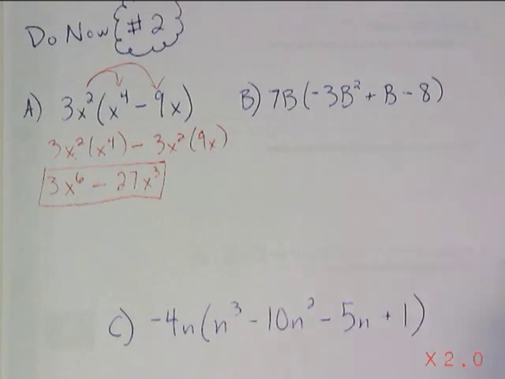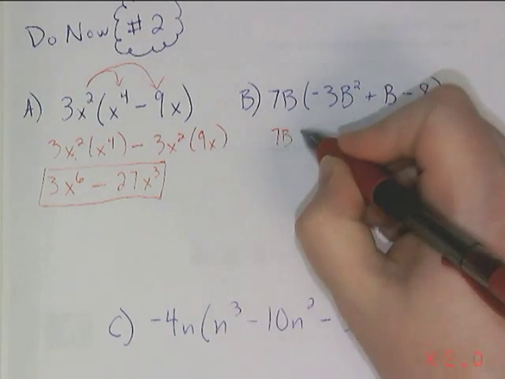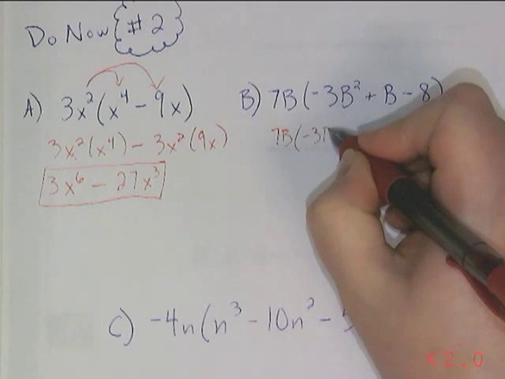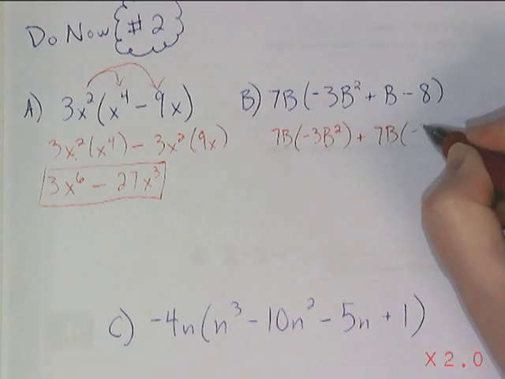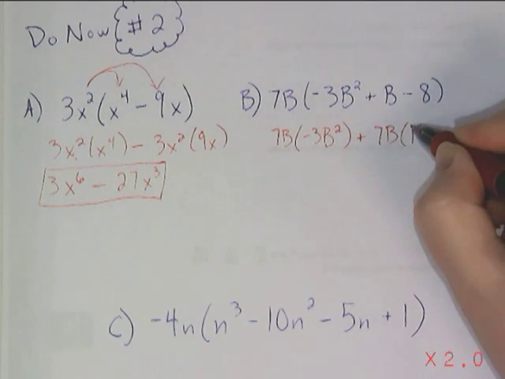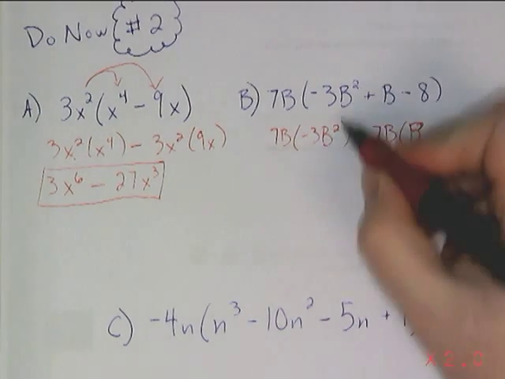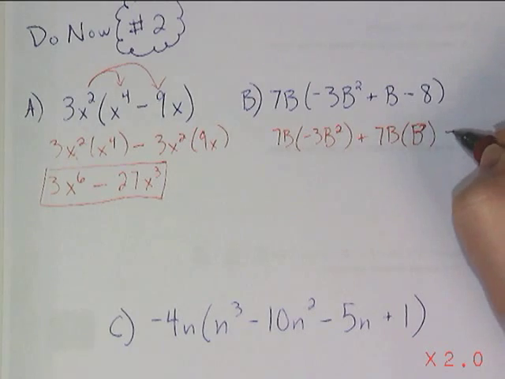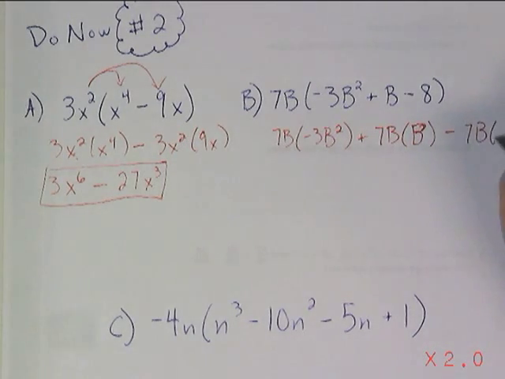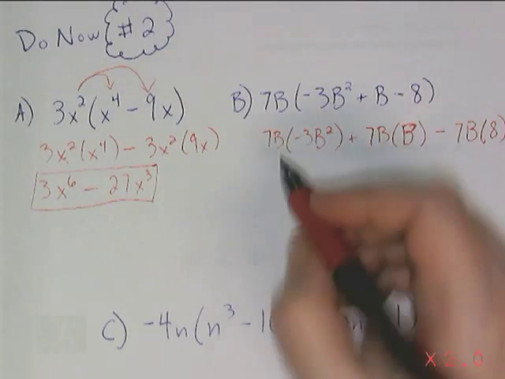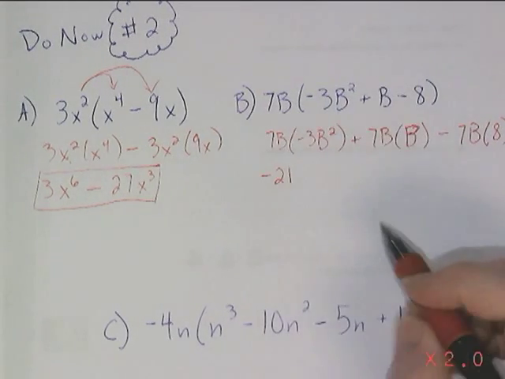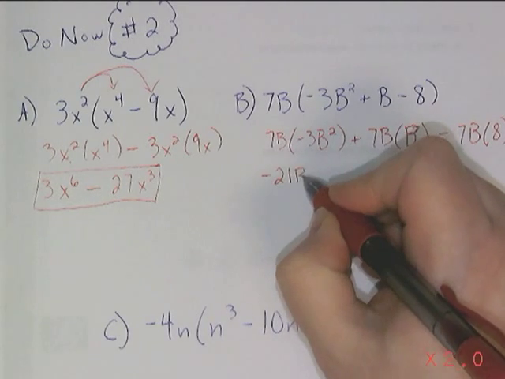For problem B, make sure that 7b gets multiplied by every term in the parentheses. Whoops, I started to write the wrong thing. It's another reason why it's good to write this out. Seven times negative 3 gives me negative 21. B times b squared is b to the 3rd.